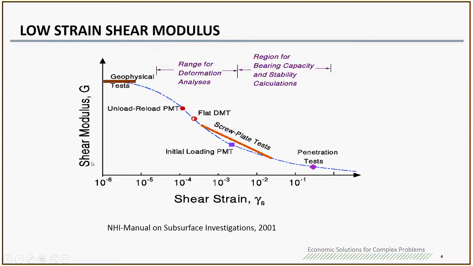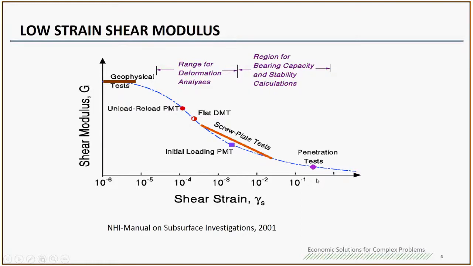For example, the geophysics tests measure the soil modulus at shear strain of about 10⁻⁶ to maybe 3 or 4 × 10⁻⁶. And if you look at the right-hand side, the penetration tests, mostly the SPT or CPT tests, measure at very large strain.